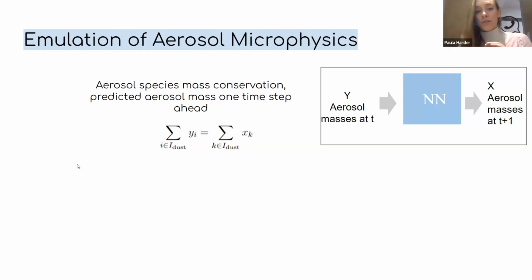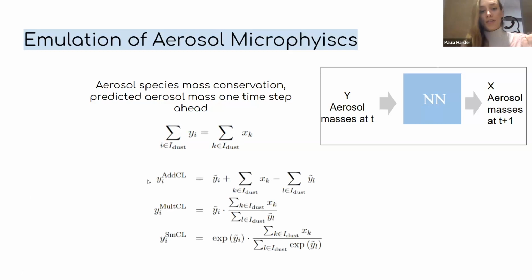And then we want to enforce that in our neural network, and that could also work with the same formalization. We could either do the additive, the multiplicative, even though here you have to watch out or add some epsilon so it's not zero, or do the softmax with the exponential again.